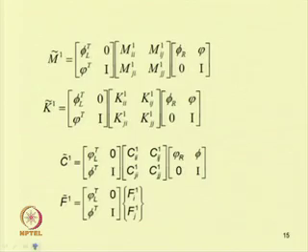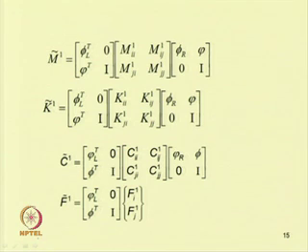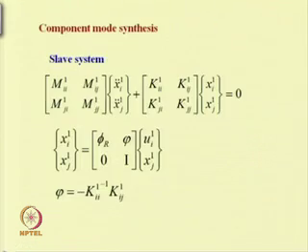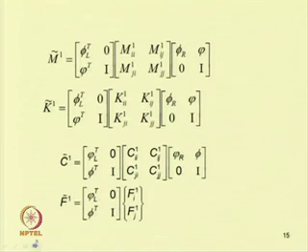Then we can write this m1. The mass, stiffness and damping matrices of the slave system 1 are transformed into the new coordinate system, u i1 and x j1, in this way.